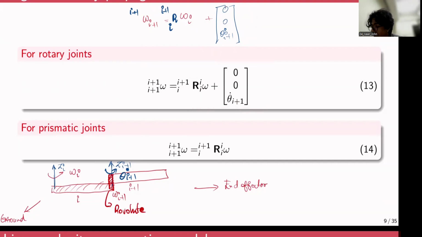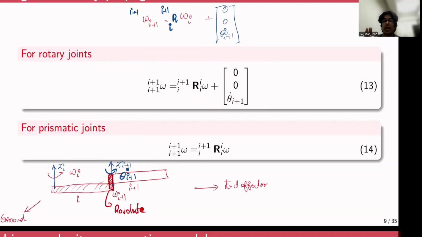And this equation is only valid when the current joint, the I plus 1 joint, is a rotary joint. If it is a prismatic joint, we won't be having this term, right? Because the joint will not be rotating, it will be translating, and it really won't contribute to the angular velocity.